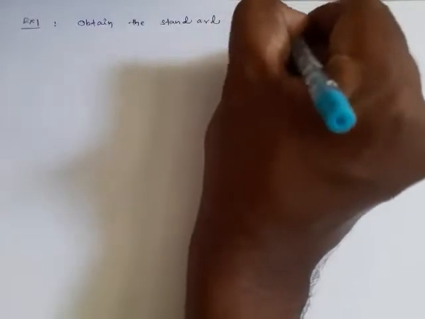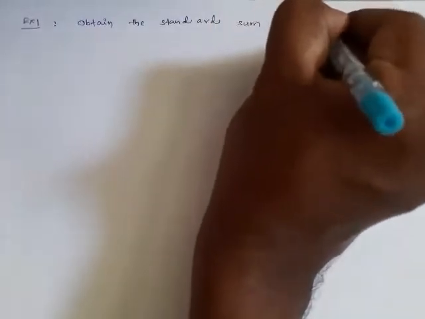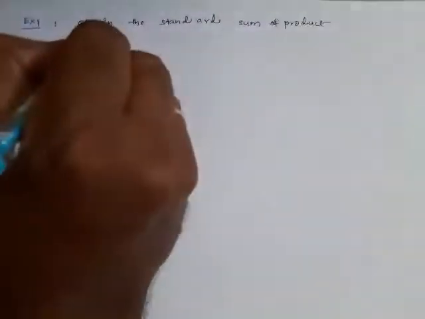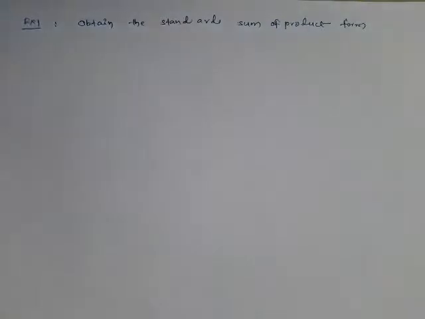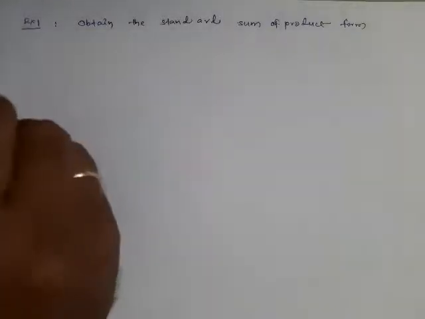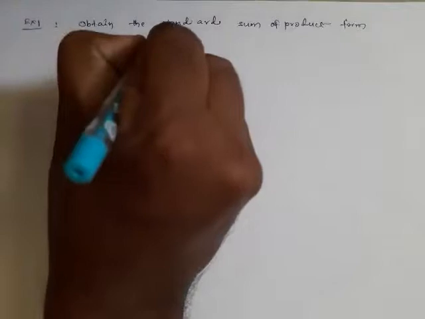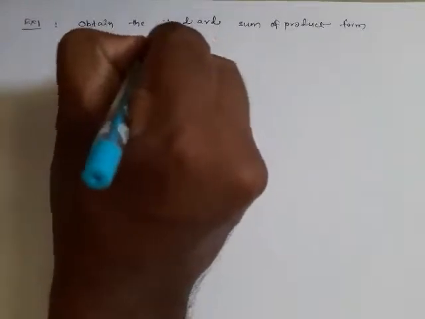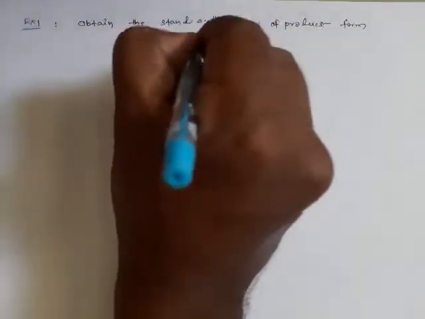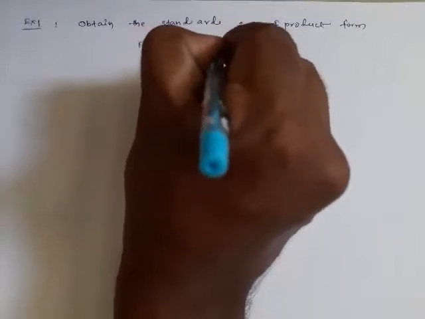Obtain the standard sum of product form for the following function, and the function given to us is f of ab equals a plus b.